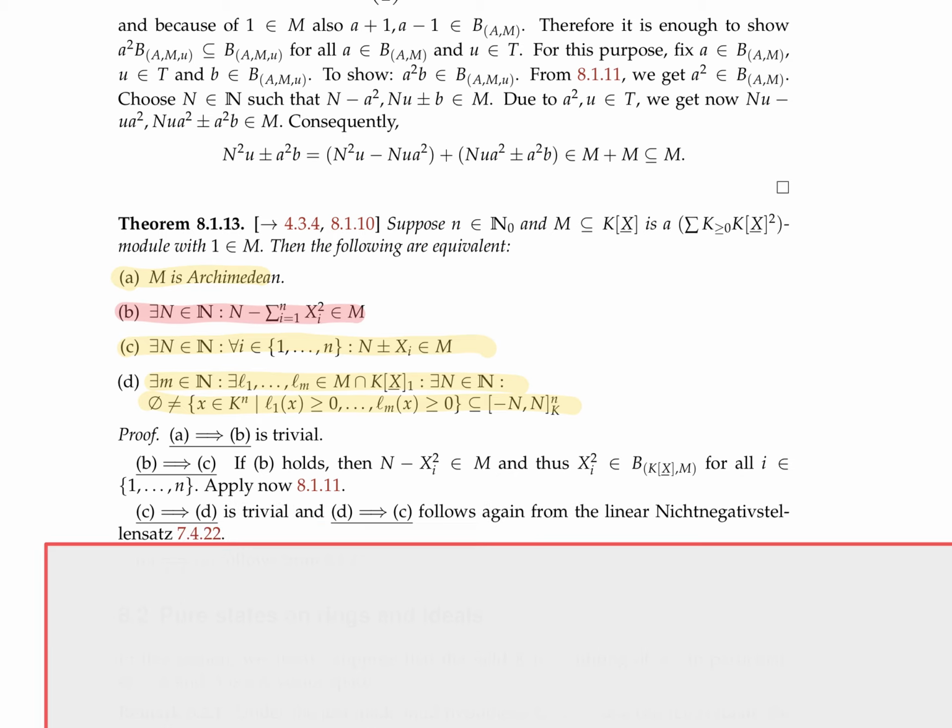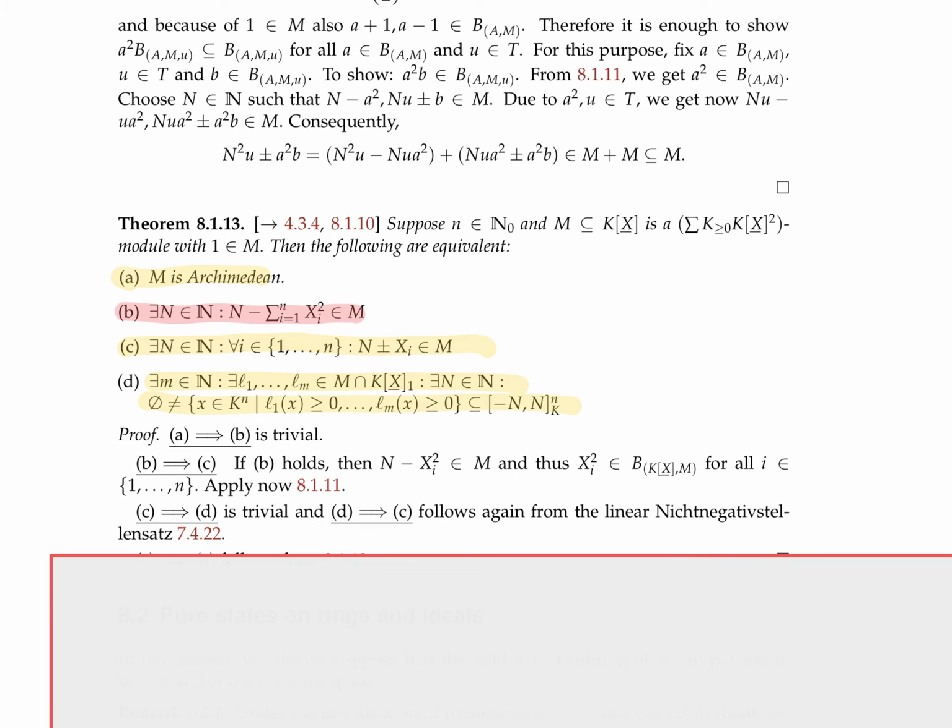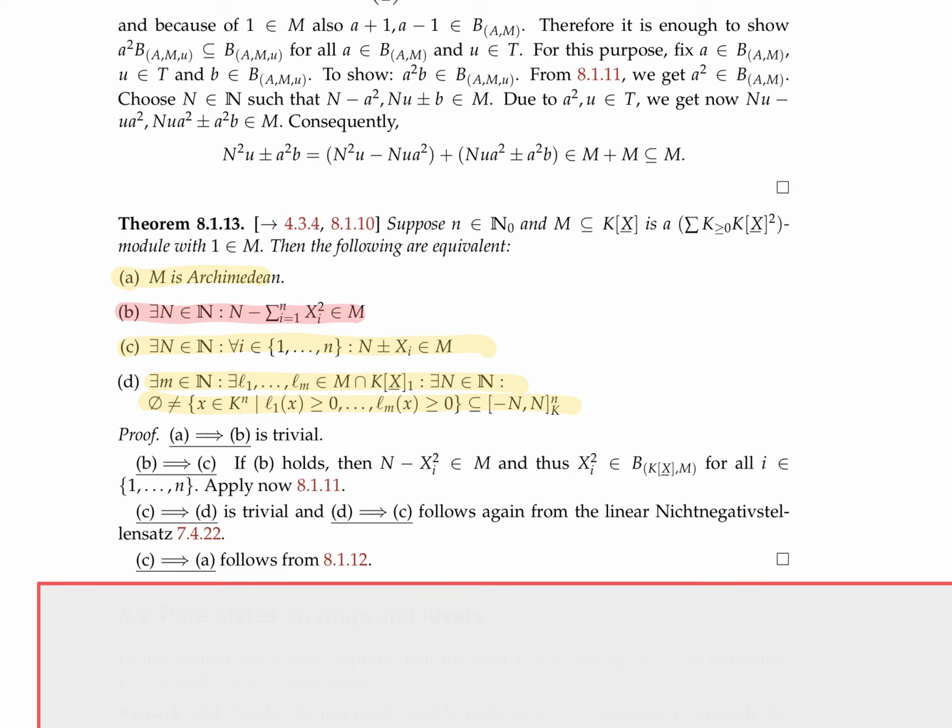That's okay. Then from C to D, this is trivial: just take m again to be N, and for the v_i's you take N plus minus x_i. Then we prove D implies C, and finally C implies A, which closes the circle.